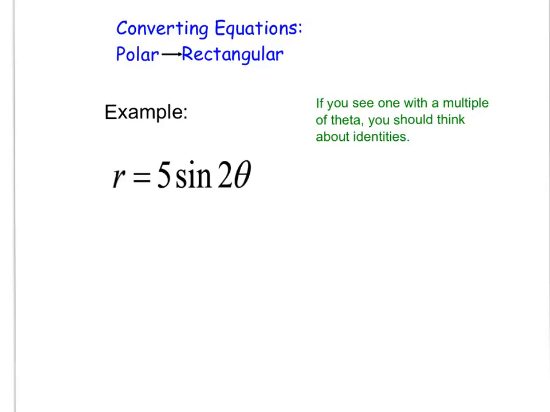Our last example for the day I included because it has an identity, and always look for those identities. When I see a multiple of theta like I do here, sine of 2 theta, I want to do a replacement. So I know that sine of 2 theta from our previous chapters is 2 sine theta cosine theta.